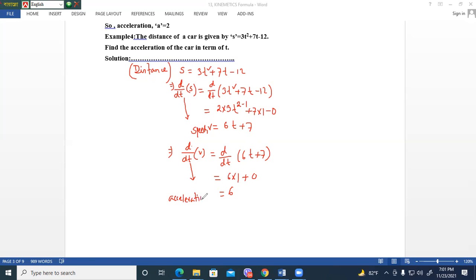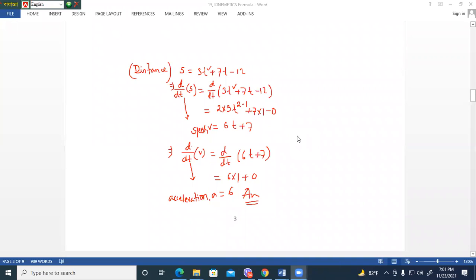Acceleration a equals 6. This is the answer. I think there's no doubt regarding this one, or any questions from your side. I'm ready to explain. Okay, going to the next step now.